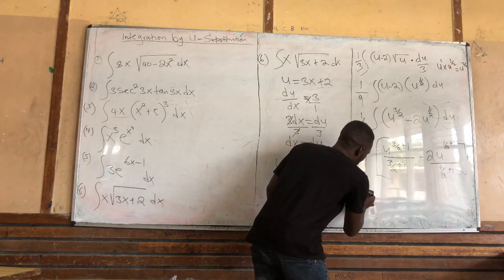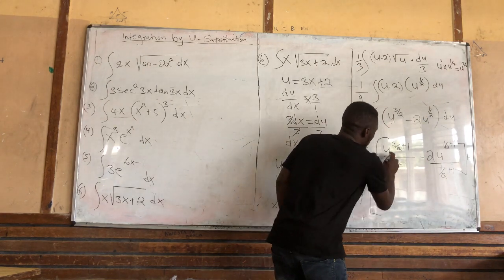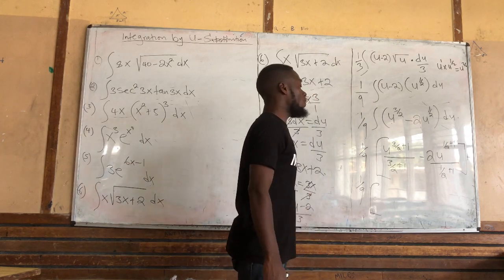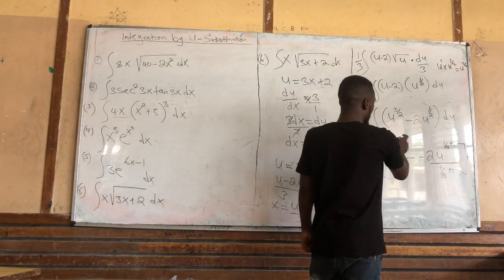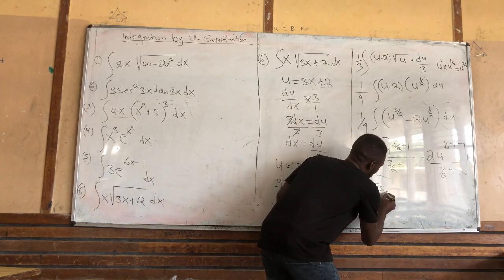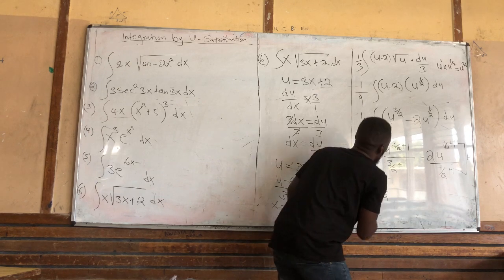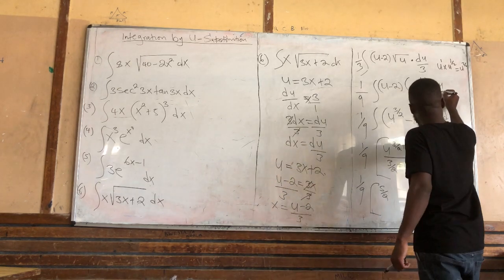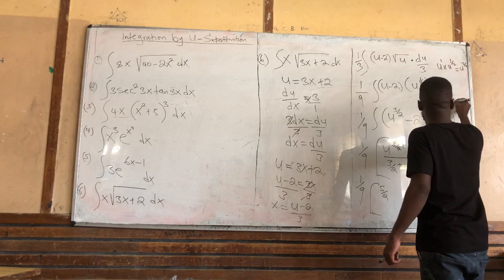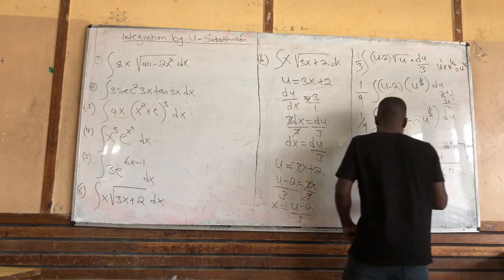So this is 1 over 9. What is u to the power 3 over 2 plus 1? 3 over 2 plus 1 is 5 over 2.